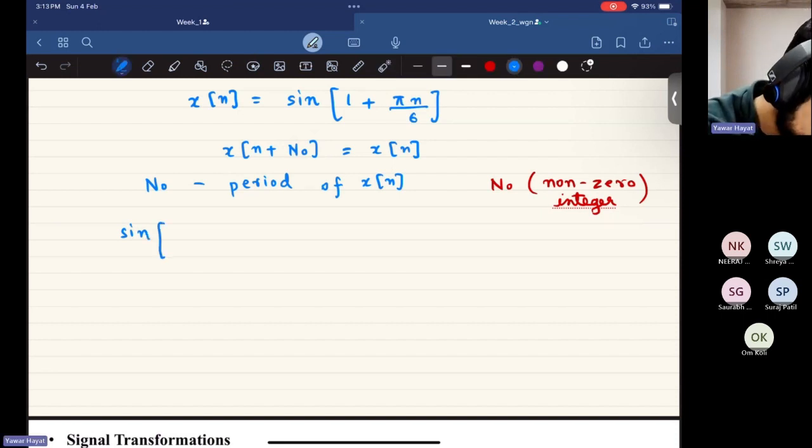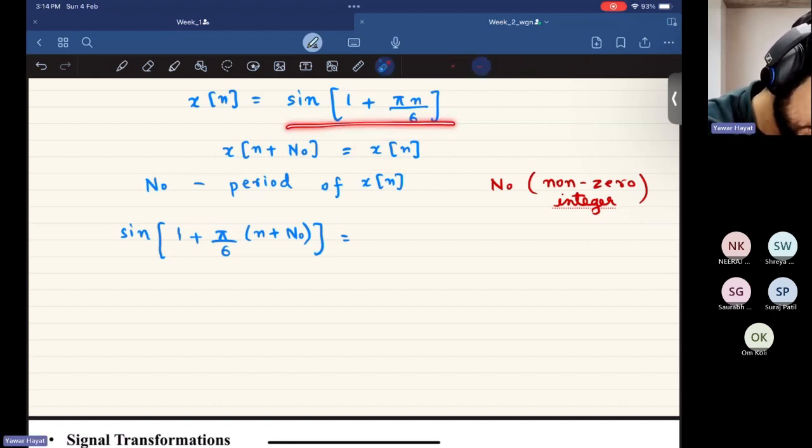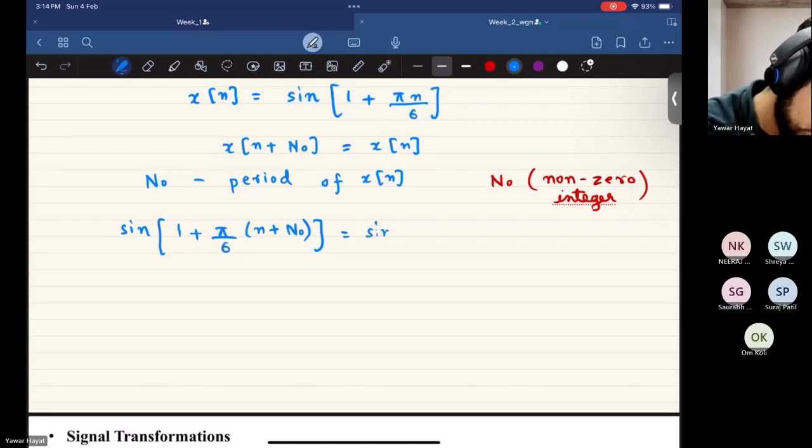So it is sine of 1 plus pi by 6 times n plus n0, and my right hand side is x of n, and x of n is this: sine of 1 plus pi n by 6.